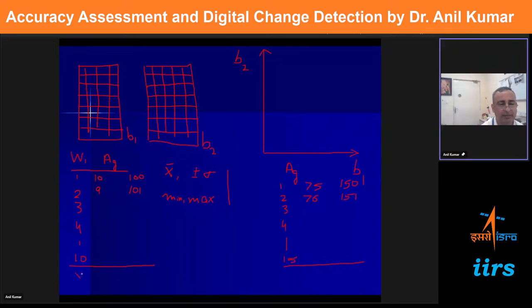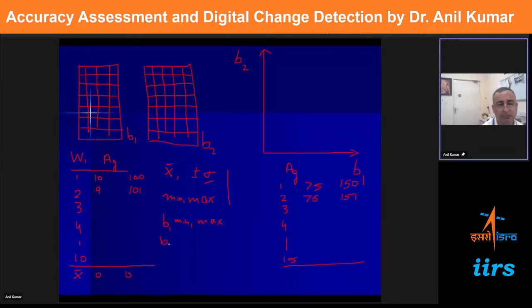We can get the mean value from here. And once we have mean and samples, we can calculate standard deviation. Second thing, we can also find out the minimum and maximum in each band. So in band 1, we can find out minimum and maximum.